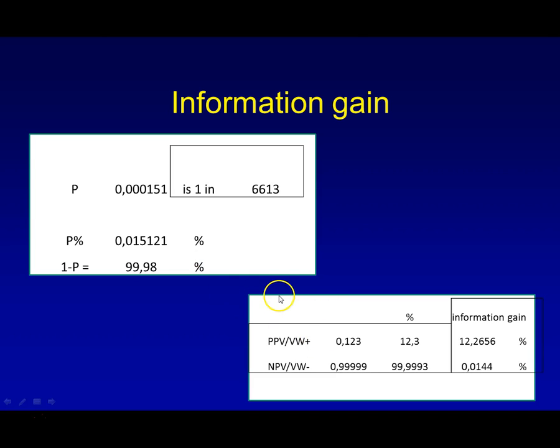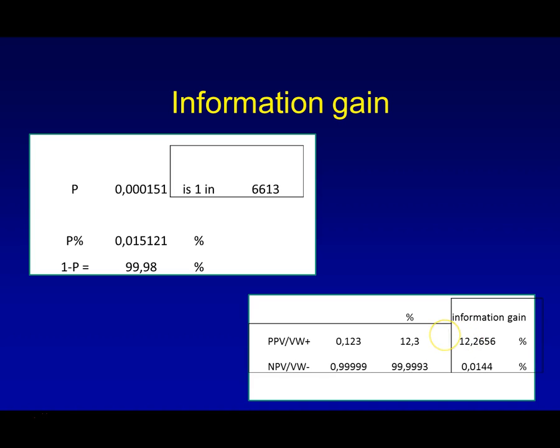After applying the test, the positive predictive value, in other words, the chance to have the disease, was 12.3%. Before applying the test, it was 0.01%. This means that the information gain is 12.27%.